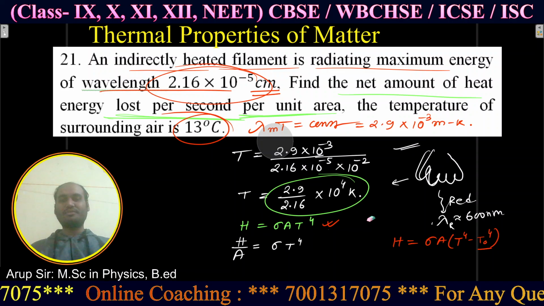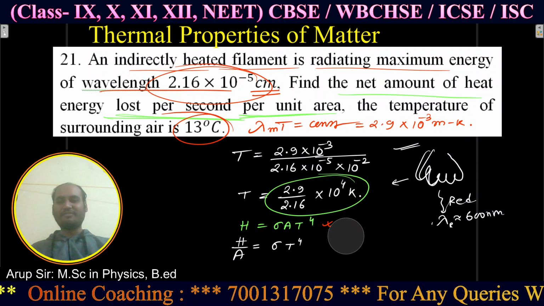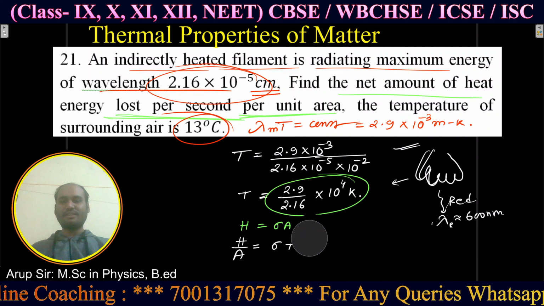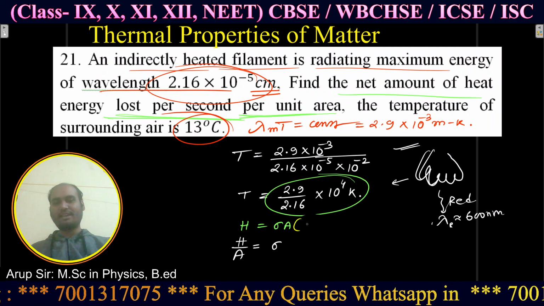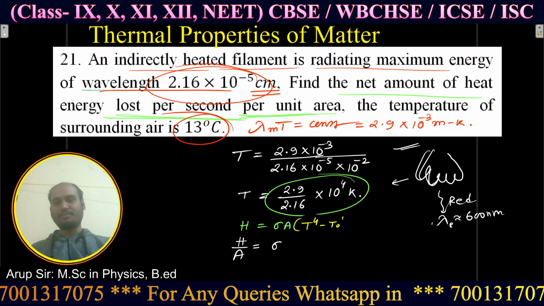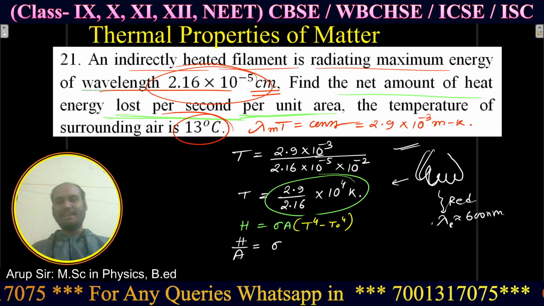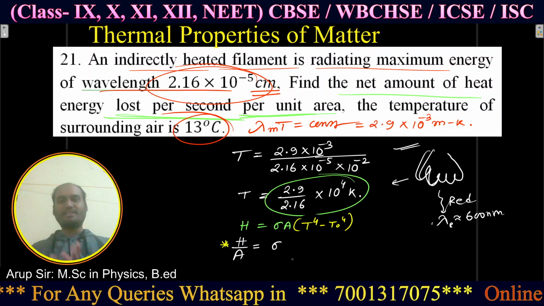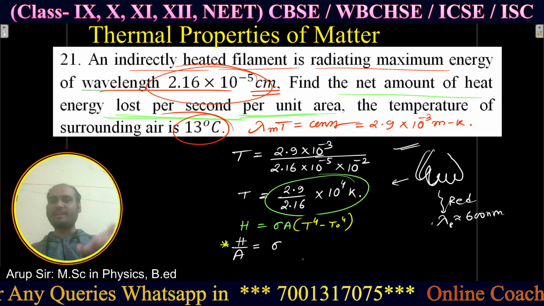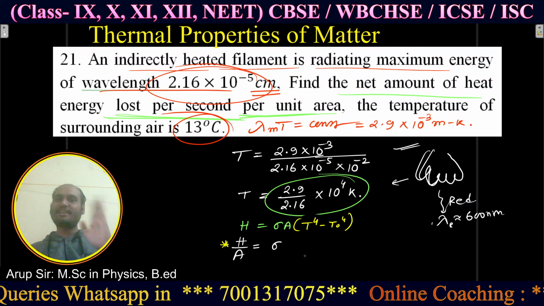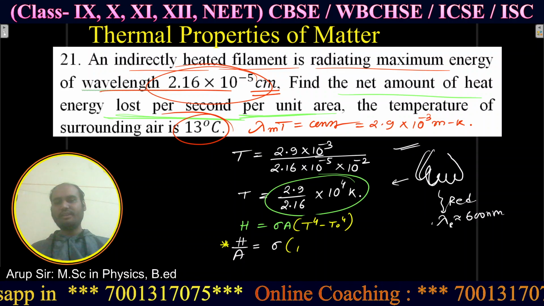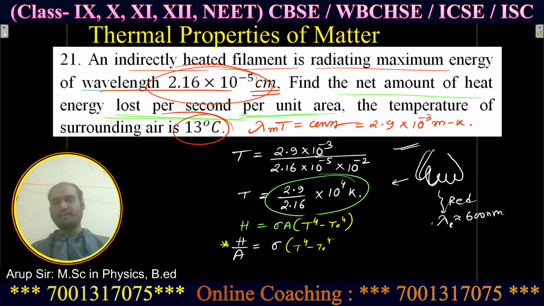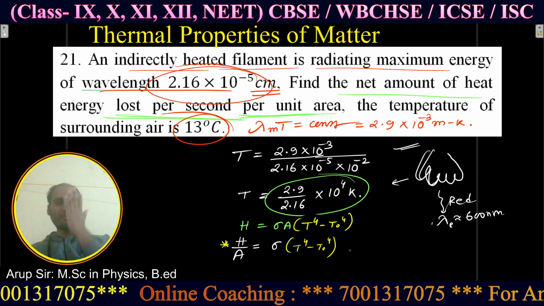So we have to look at every value given in the question. Sigma A into T to the power 4 minus T naught to the power 4. Now A will be in the denominator, because we need to find H by A, heat energy lost per second per unit area. So sigma into T to the power 4 minus T naught to the power 4. T naught should be in Kelvin, obviously.